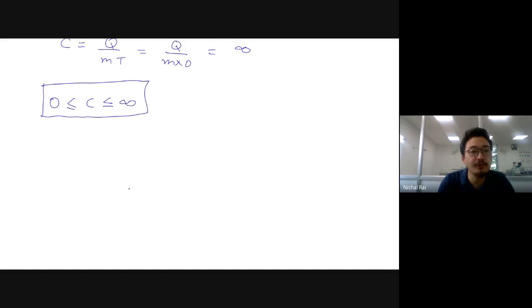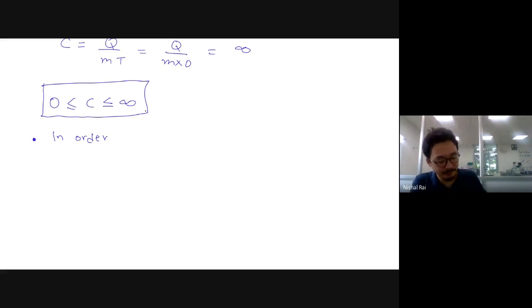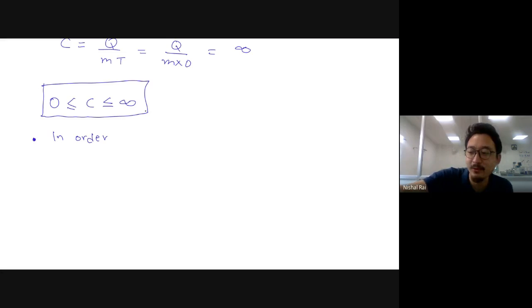So in order to fix the value of, is this a problem or not? First thing, is this a problem or not? I'm asking all of you. Is this a problem or not?